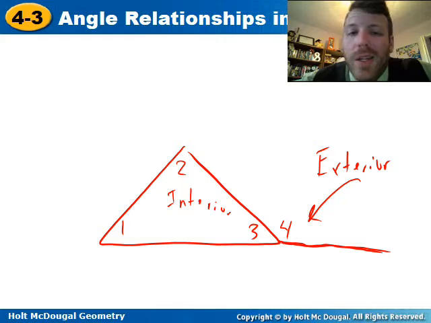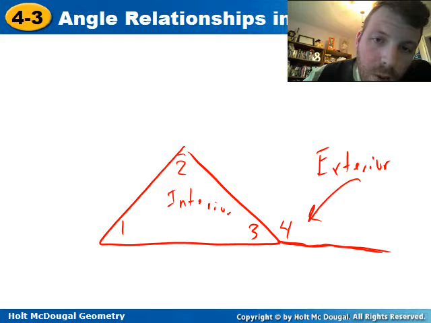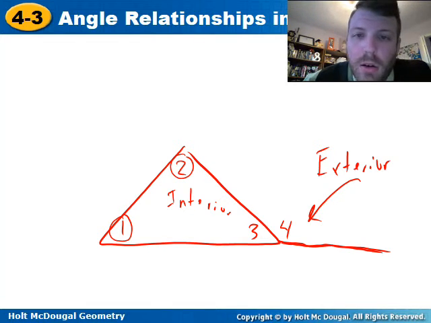All right, when we take a look at this, there's a theorem that comes into play, and it's the exterior angle theorem, which I'm going to show you in a second. But the way it works is this. If I take this angle right here, and I add it to this angle right here, it's going to equal this exterior angle out here.